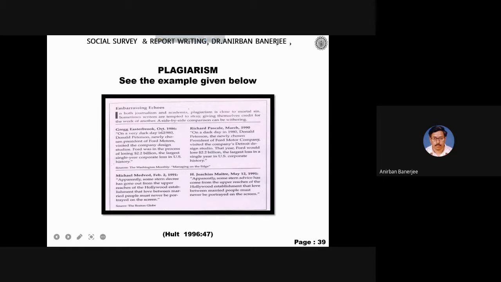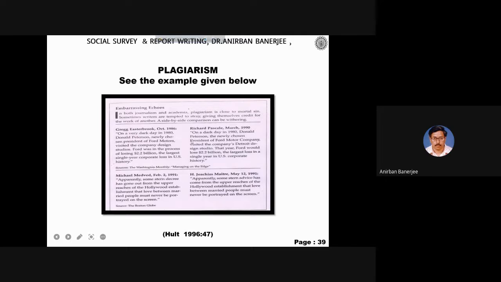George Easterbrook, October 1986: On a very dark day in 1980, Donald Peterson, newly chosen president of Ford Motors, visited the company's design studios. Ford was in the process of losing $2.2 billion, the largest single year corporate loss in US history. The source, Washington Post, Managing on the Edge.